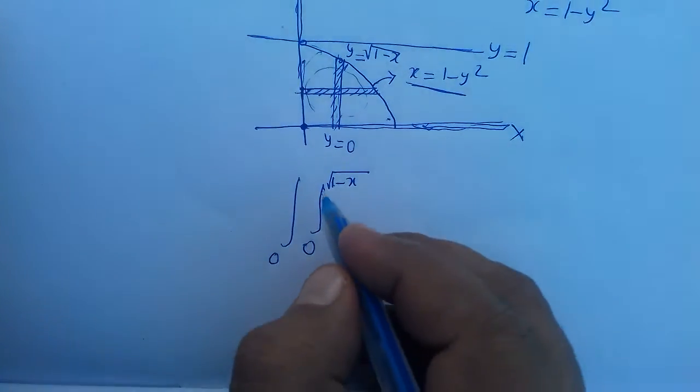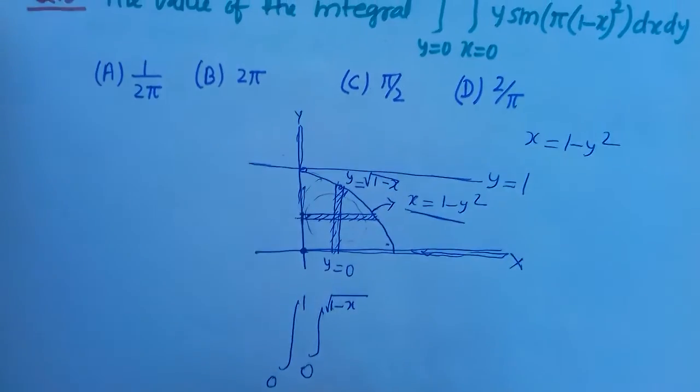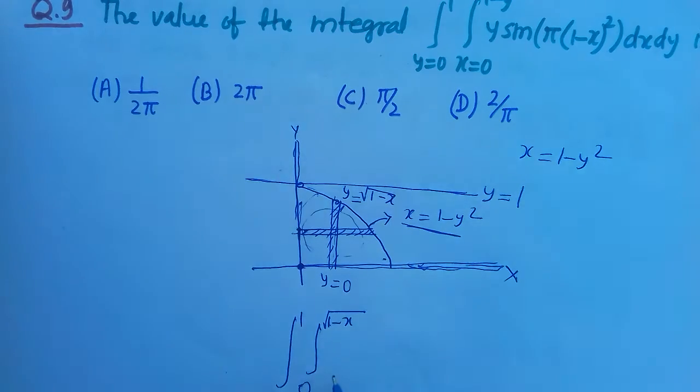So the limits of the second integration will be 0 to 1.